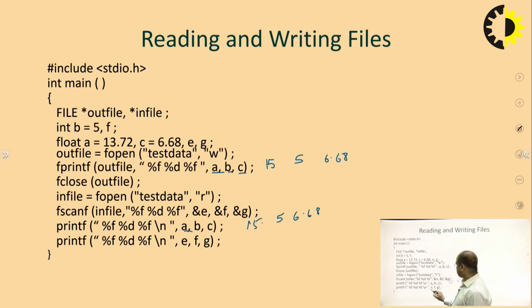Again we are getting the values of e, f and g. Here we are defining the values of e, f and g. Suppose I am giving 7.7, 4 and 3.8, and we are getting the values e, f and g here.